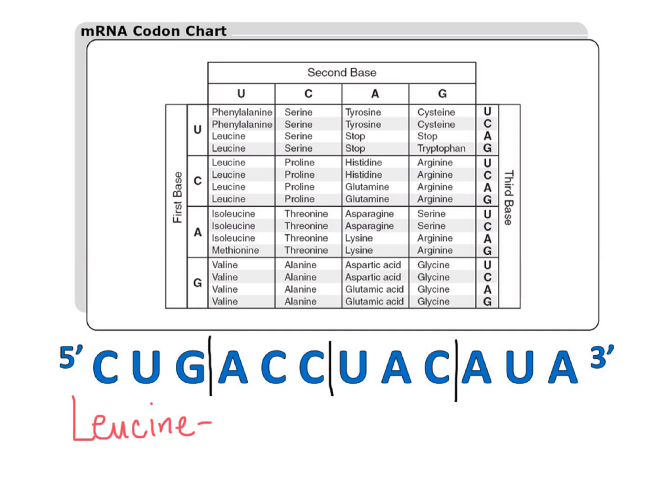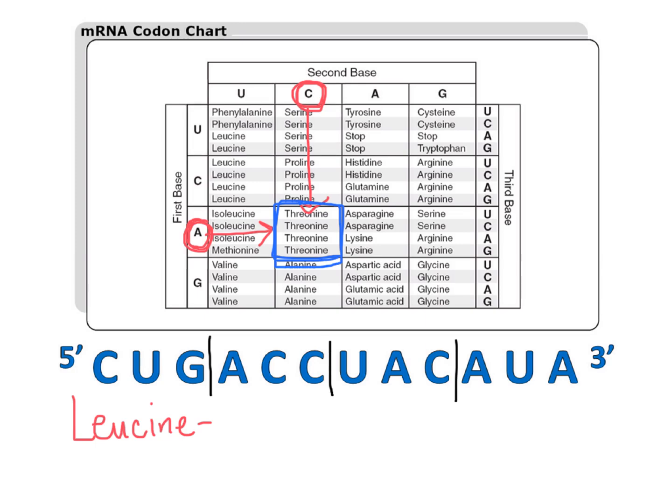So now let's find our second amino acid using our second codon, ACC. So the first base in this codon is A. So I'm going to be looking in the A row, and my second base is C. So the C column. So where that row and column intersect is the box that will have my answer in it.